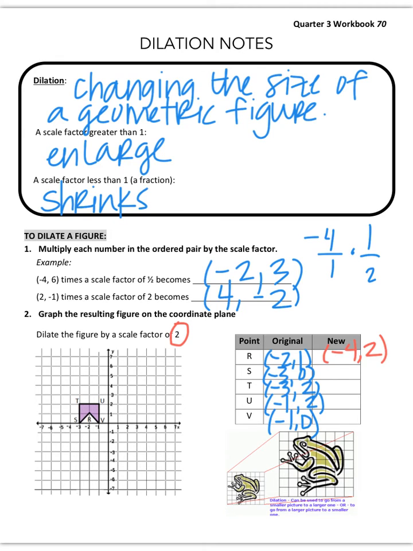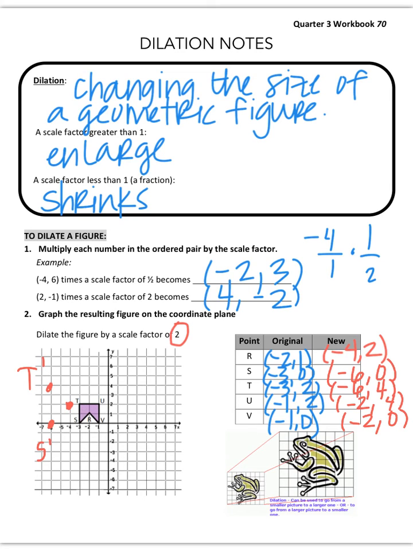Go ahead and get S prime, T prime, U prime, and V prime. It's a new ordered pair. Just take x and y and multiply by 2. Okay, let's go ahead and plot this new shape. So R prime is going to be at negative 4, 2. S prime is at negative 6, 0. T prime is negative 6, 4.